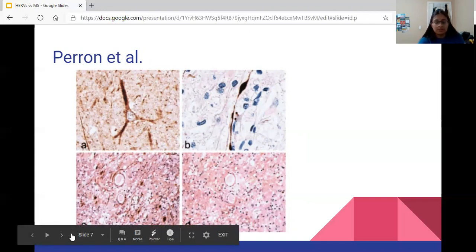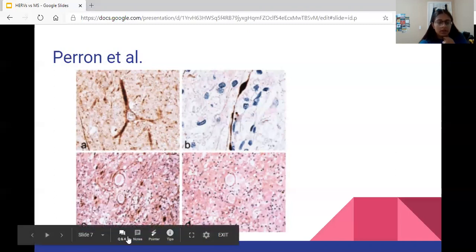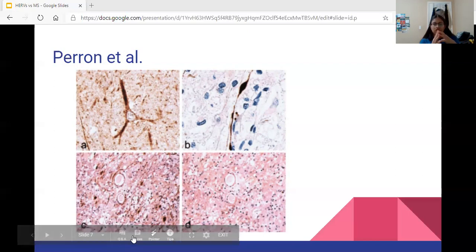So this is one specific study conducted by Perron et al. That's just going to be how I refer to this study, as the title is quite long, and this encapsulates the people that have worked on it. Basically, this study analyzed the relationship between the GAG proteins from the HERVW family.